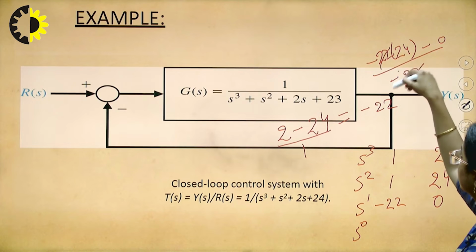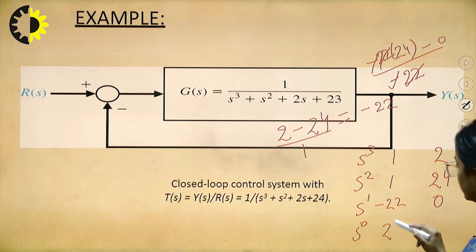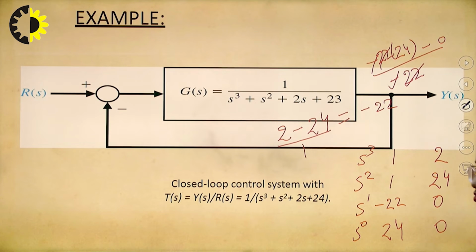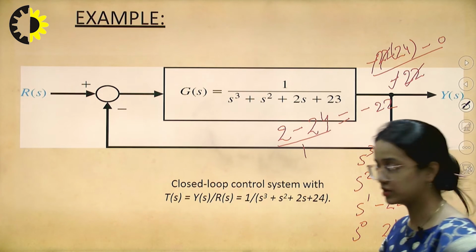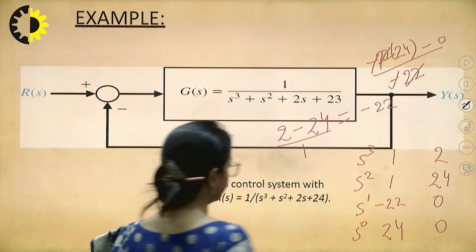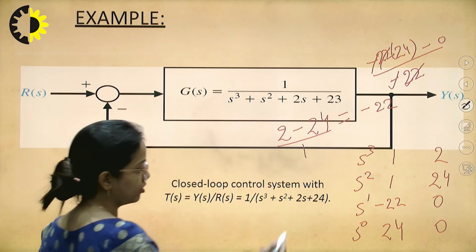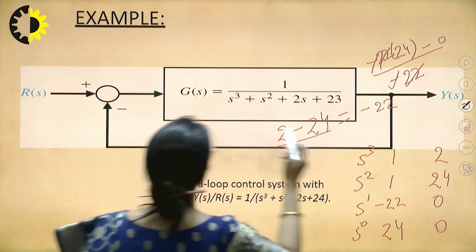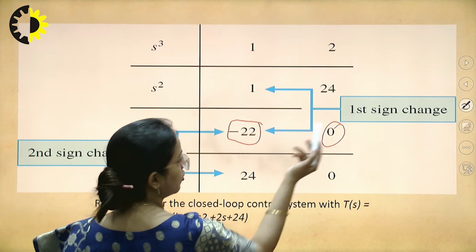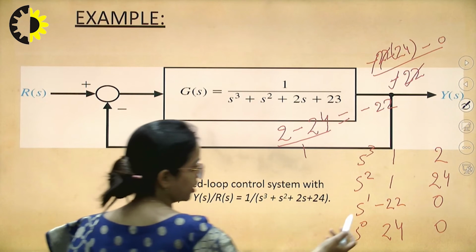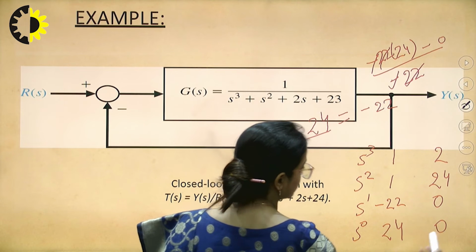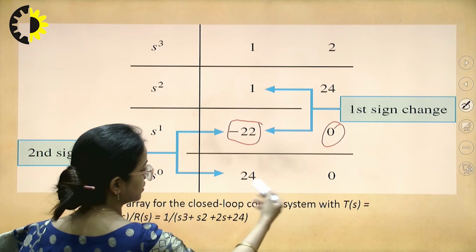So this becomes 24. And of course this will be this into this, 0. So here we can compare the two tables. 1, 2, 1, 24 already available. Minus 22, 0, 24, 0.